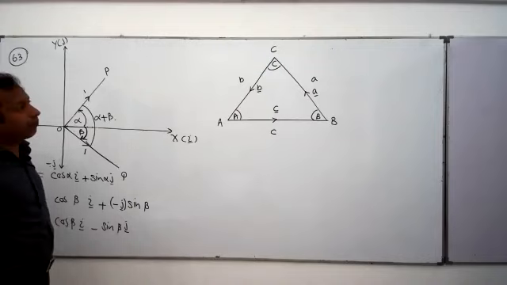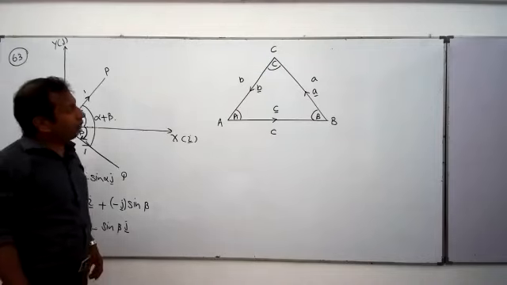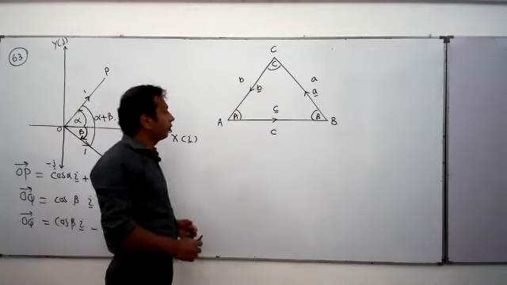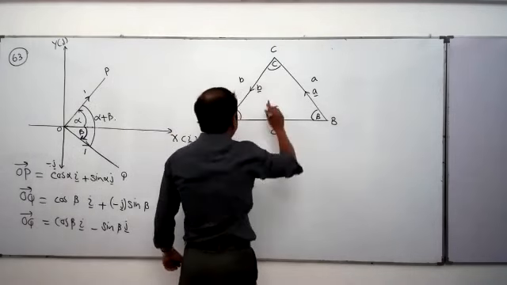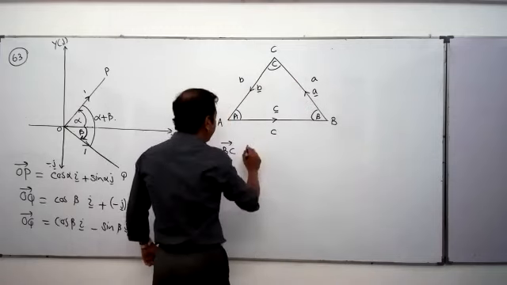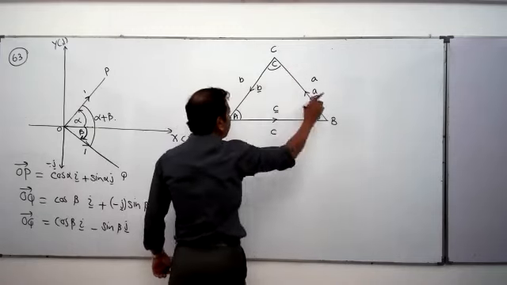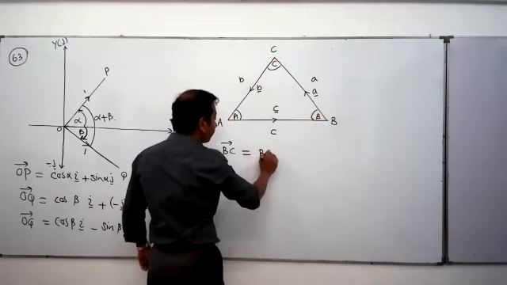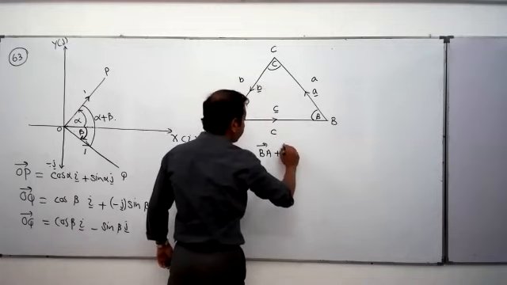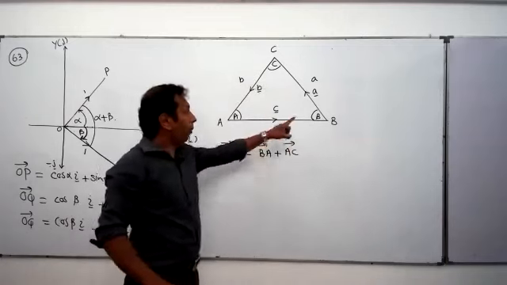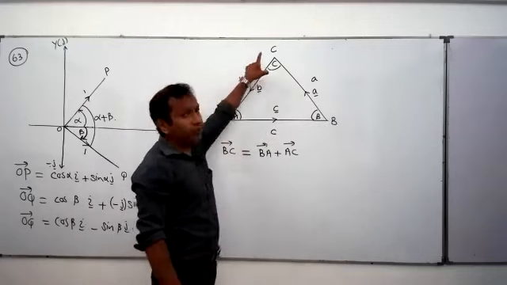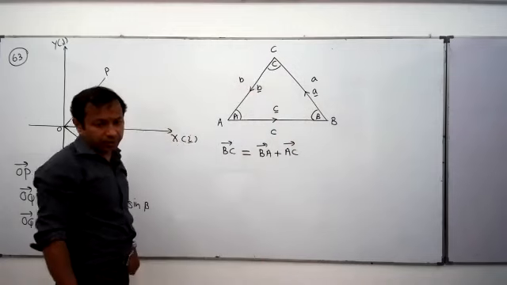Right, people, now here, by using the triangle law of vector addition, we can write like this, no? B to C vector is equal to B to A vector plus A to C vector. BC vector is equal to BA vector plus AC vector. Understood, right? Yeah.